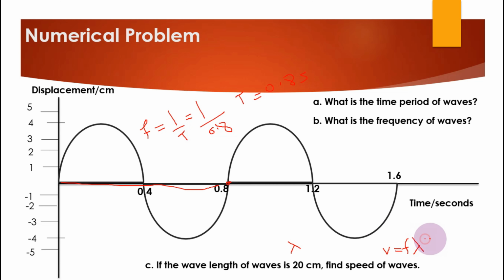So we write here this is equal to 1 divided by 0.8. This gives you frequency. And the wavelength that is given is 20. So by multiplying by 20, that is, dividing 20 by 0.8, we can find out the speed of the wave.